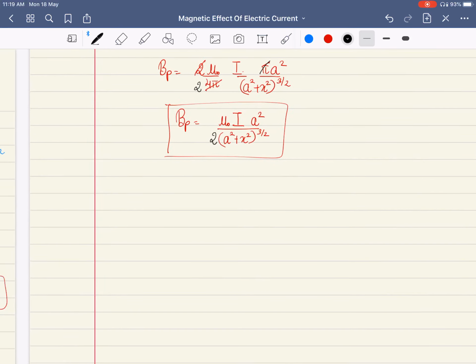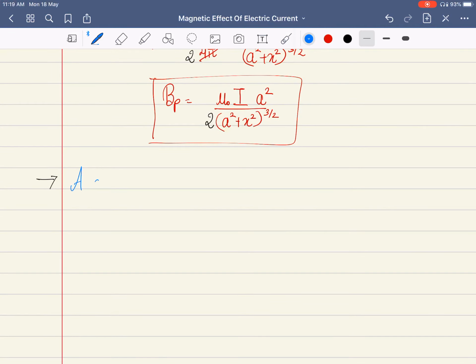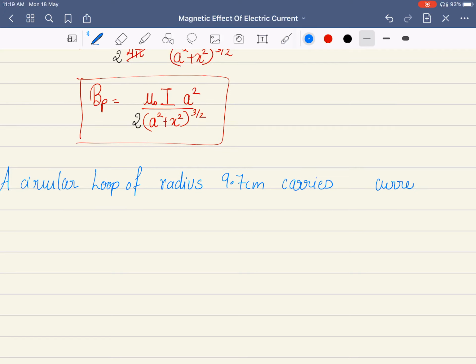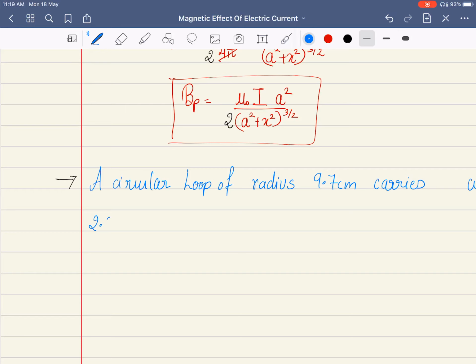So let's go for our next question based on this. That is, a circular loop of radius 9.7 centimeter carries a current 2.3 ampere.